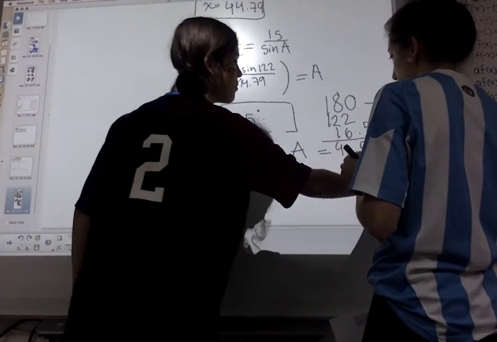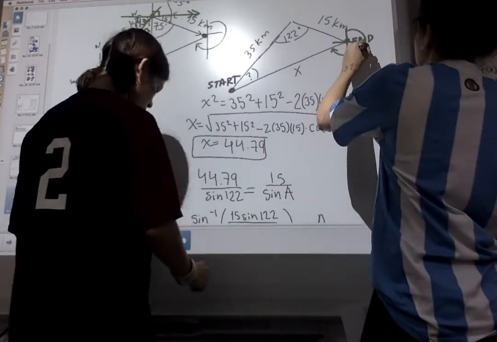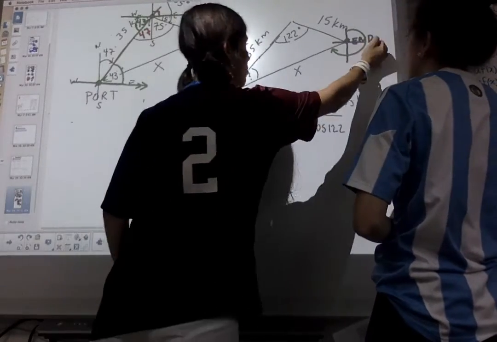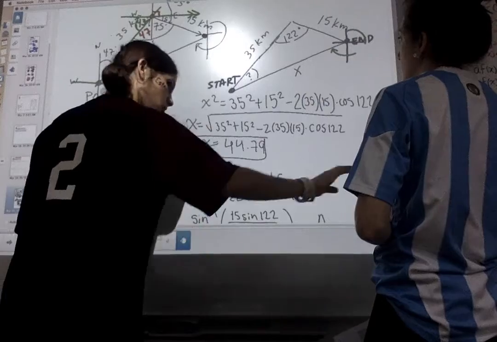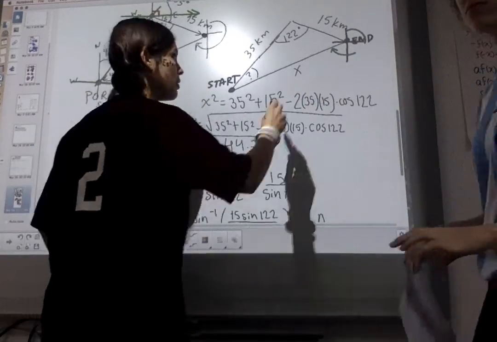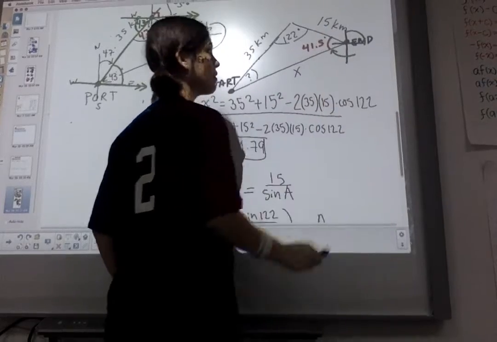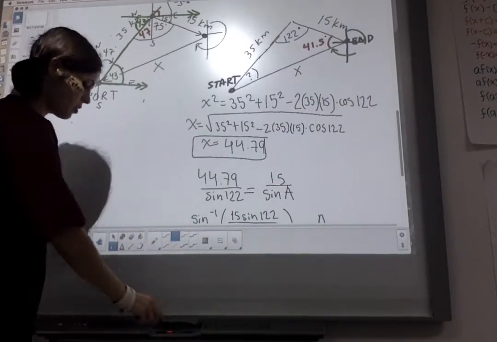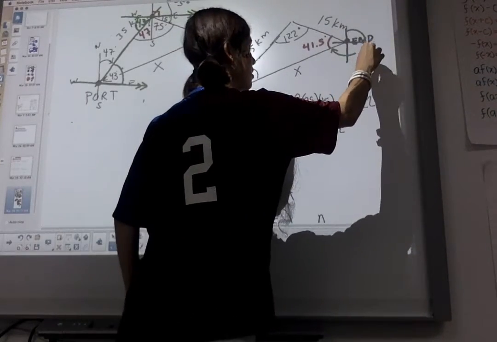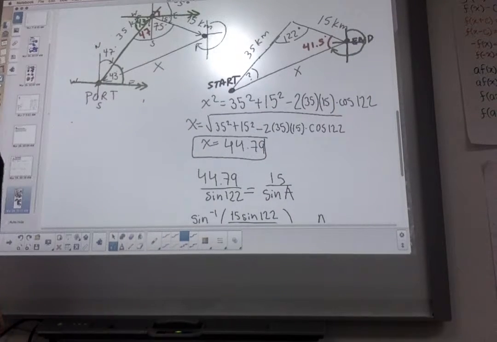Yeah, so 41.5. Ajá, 170 minus 41.5. Pero ahí también no. Then they give you the 14. So how do you get the green one? So it's 100, 180, 200 minus, no, 270.